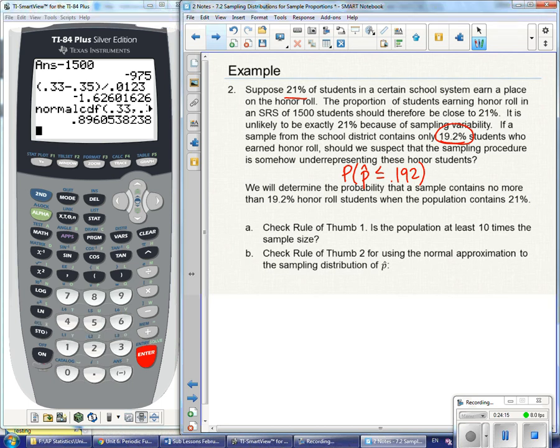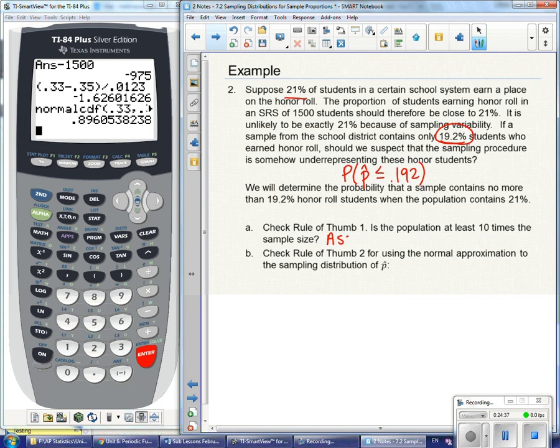So in order to calculate this probability, I'm going to have to check a few things. So I have to check the rule of thumb number 1, that the population is at least 10 times my sample size so that I can use the standard deviation formula. And I don't really know how many students are in this school district because it doesn't tell me. I don't even know what the school district is. So this is an assumption that I'm going to make.